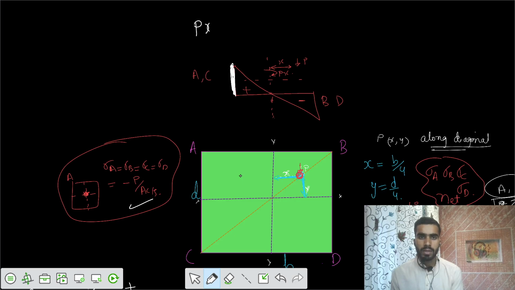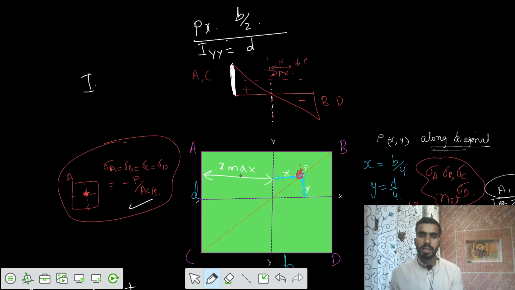That is P into x, and what is the maximum value of x we can have? The maximum value of x is b by 2, divided by the value of I about the y axis, Iyy.